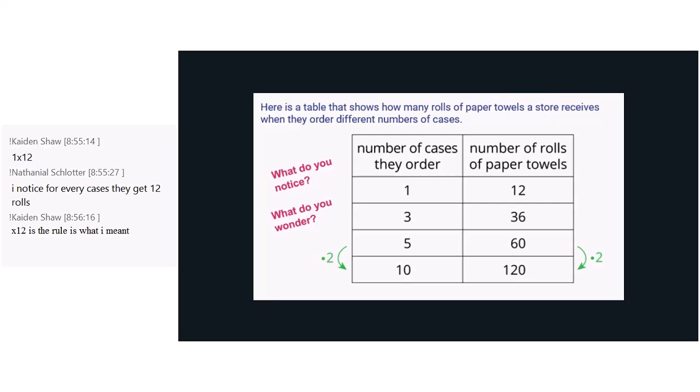What else do we notice or wonder? Times 12 is the rule. Oh yeah, okay, so to get from the number of cases to the number of rolls, we're going to multiply. Good, he's noticing I'm going to multiply the left side of that table by 12 to get my answer.